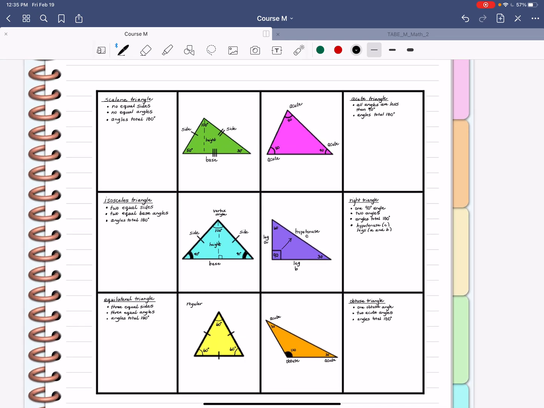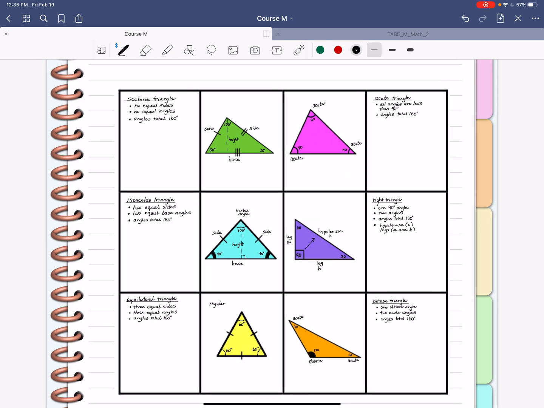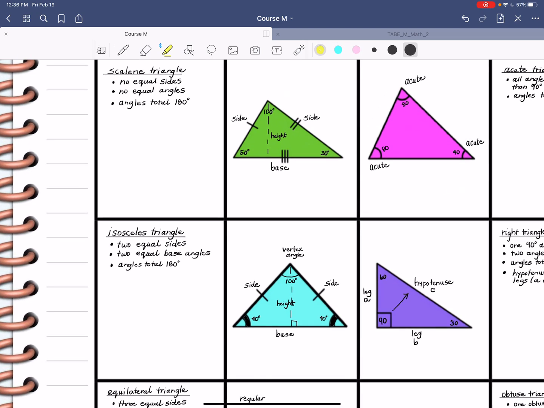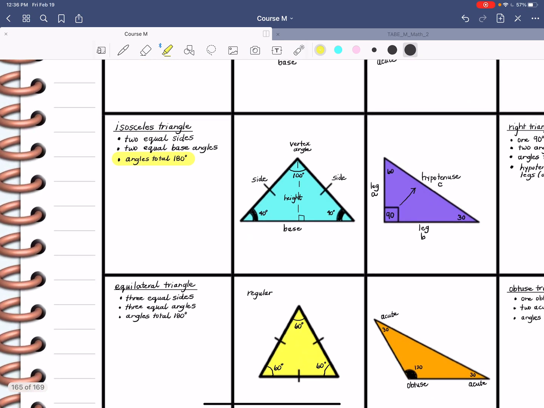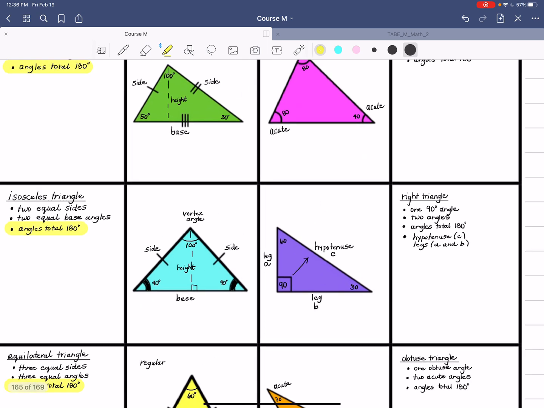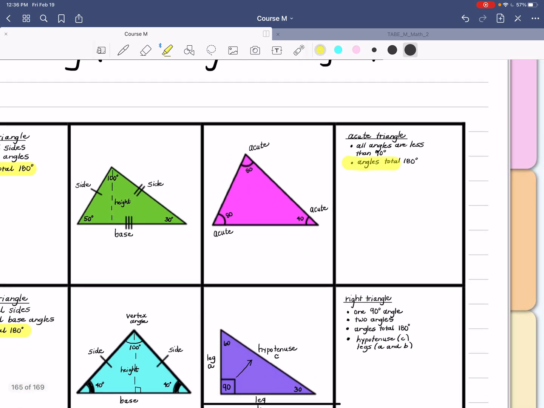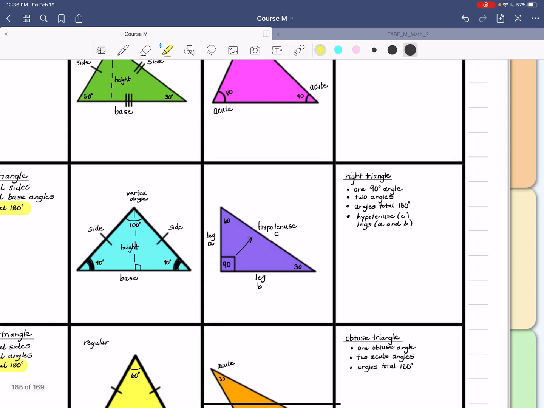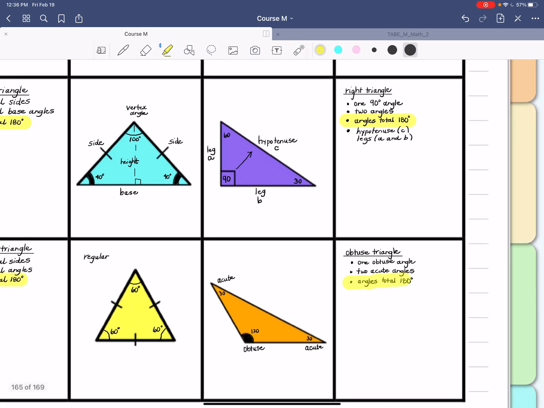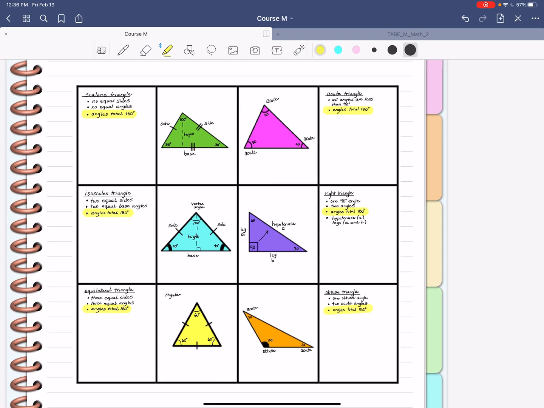So what is the thing that the triangle family has in common? What is the one thing that shows up in every single one of these descriptions? They have three sides, they have three angles, and their angles total 180 degrees.